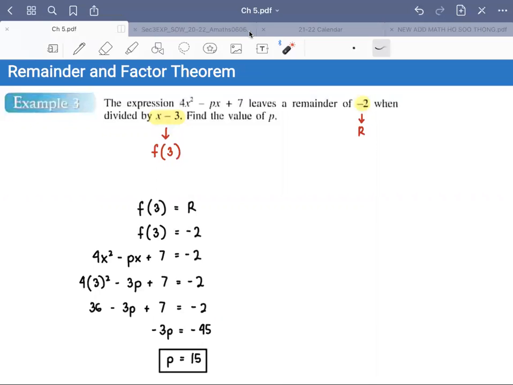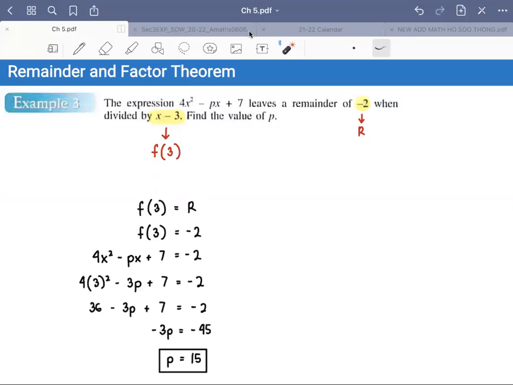Now, the expression 4x squared minus px plus 7 leaves a remainder of negative 2 when divided by x minus 3. Question: find the value of p. So how are we going to solve this kind of question? First things first, let's break down the sentence.